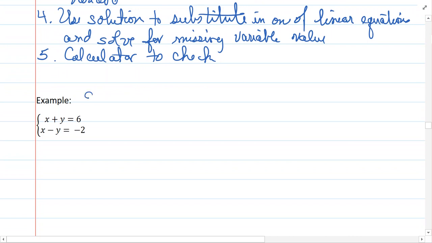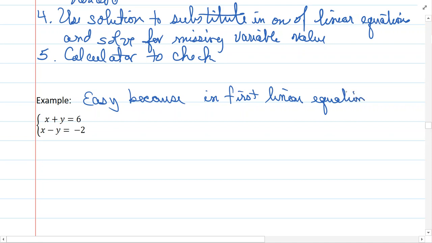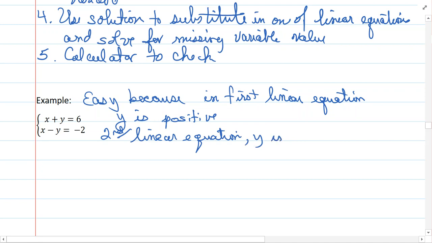Now, this one is easy because in the first linear equation, y is positive, and in the second linear equation, y is negative.